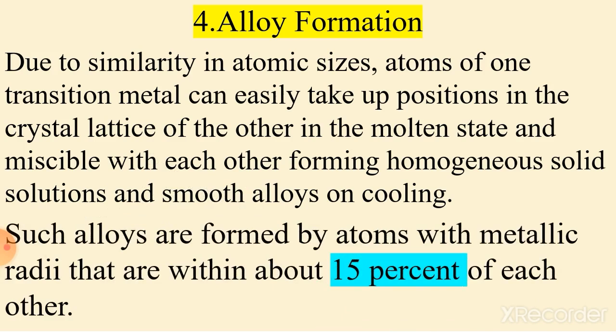So this is also an example of solid solution from the unit 2 solutions chapter. Such alloys are formed by atoms with metallic radii that are within about 15% of each other. That means one transition element can take the place of another transition element, and hence they can form alloys.